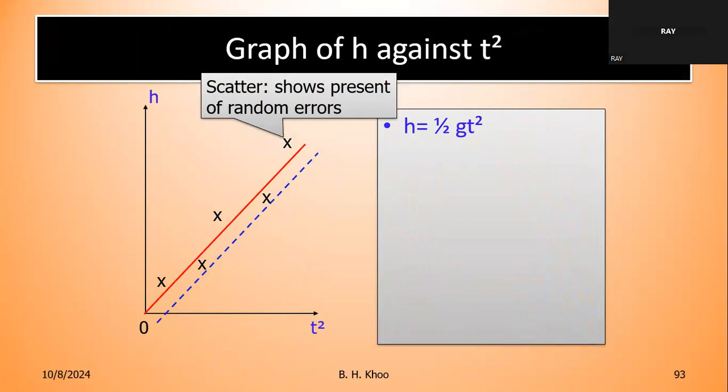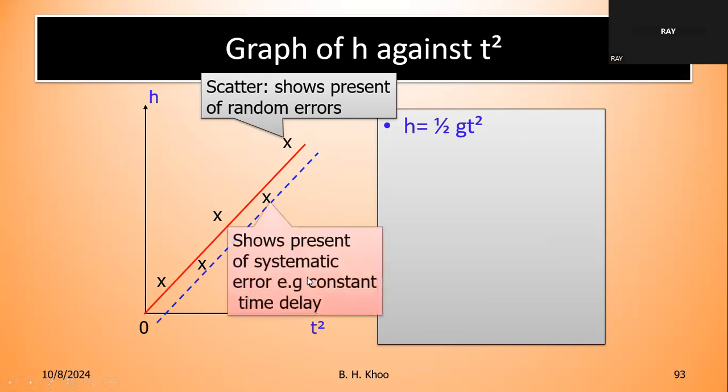It could be the magnetism of the magnet did not disappear as soon as we switch off the circuit, so the magnetism is still there. That's the reason why there's a time delay for every point. So the straight line shifts to the left, right? That's systematic error.